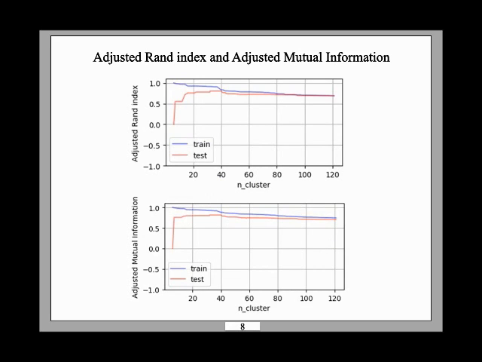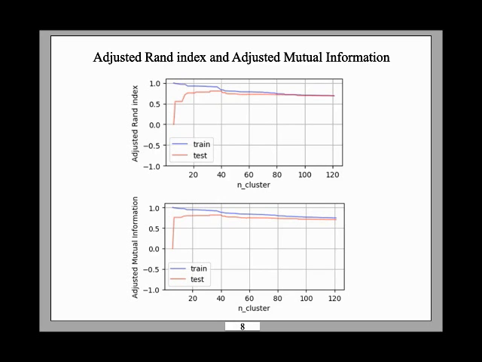Adjusted Rand index and adjusted mutual information measure the similarity of two assignments, true and predicted, ignore permutations, and normalize all values within the range from -1 to 1, where -1 is bad labeling, 0 is random labeling, and 1 is the best match score.